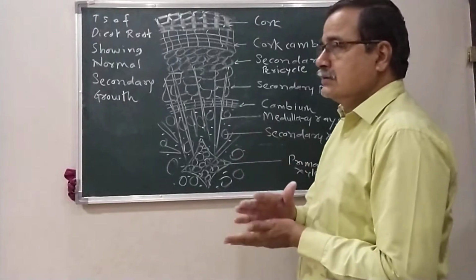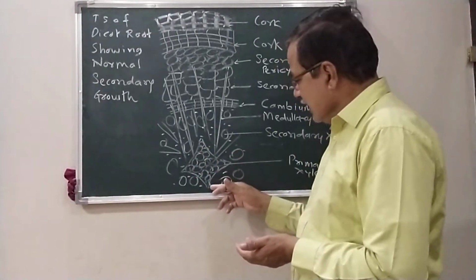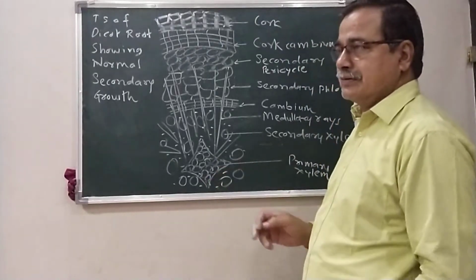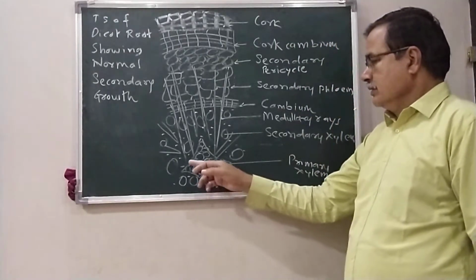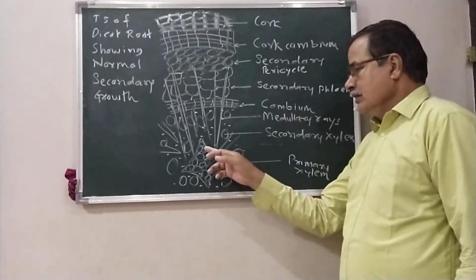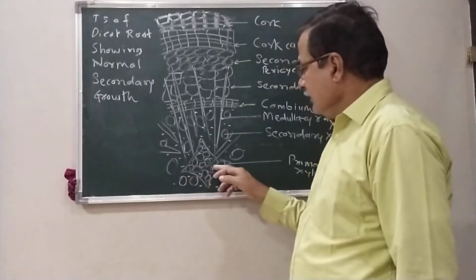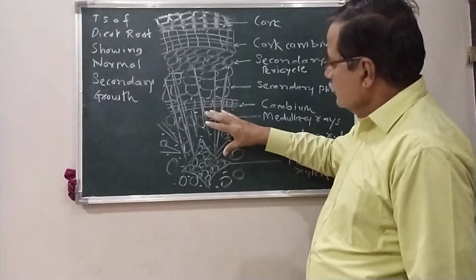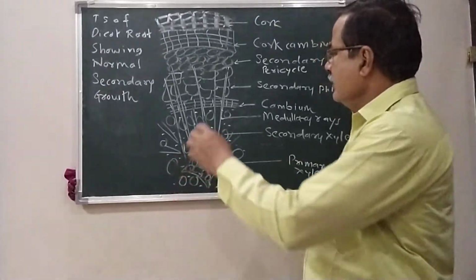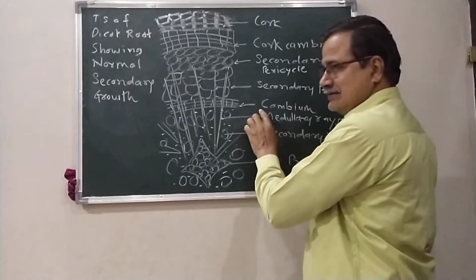But in a dicot root, distinct primary xylem is observed. See, these are in the angles. Tetrarch primary xylems are there. They are in the angles. And in between the phloem and the xylem, there is a cambium strip.